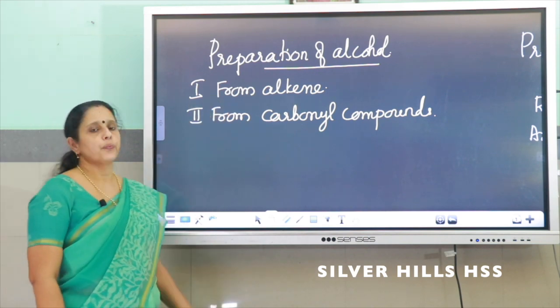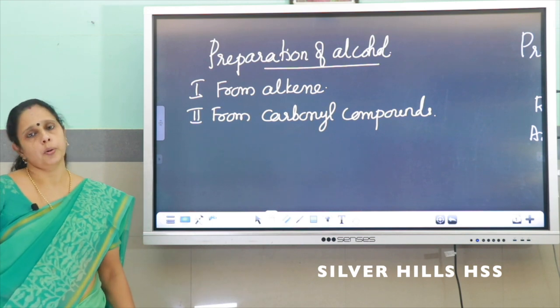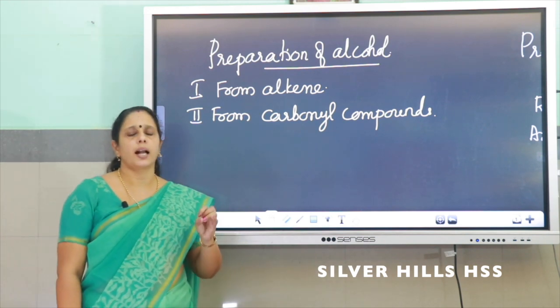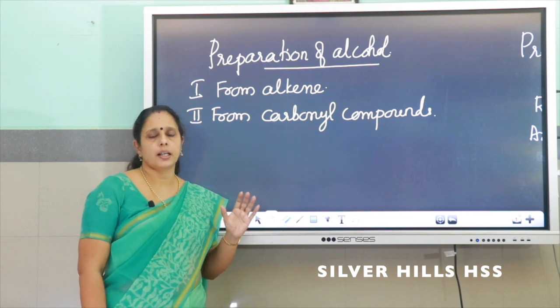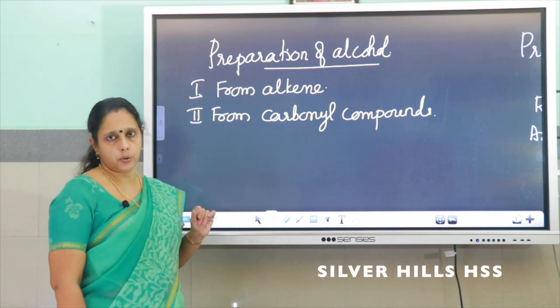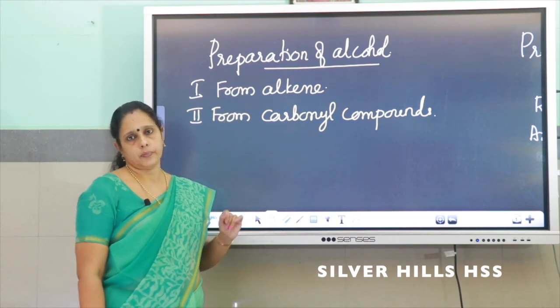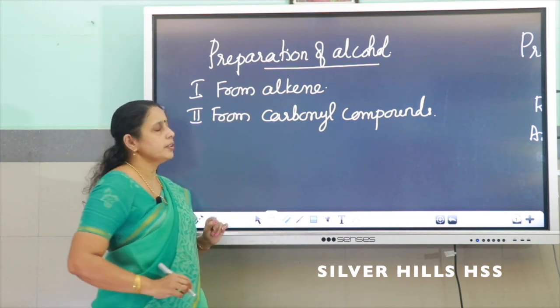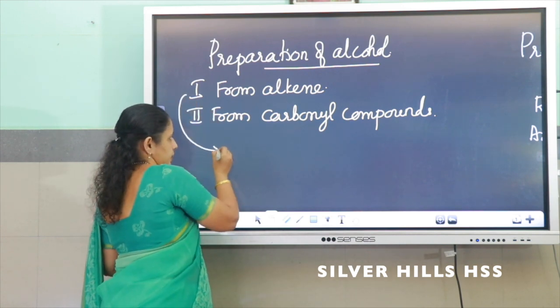Carbonyl compounds are aldehydes, ketones and carboxylic acid. These are collectively known as carbonyl compounds. So, first one from alkene. From alkene we can prepare alcohol by two methods.